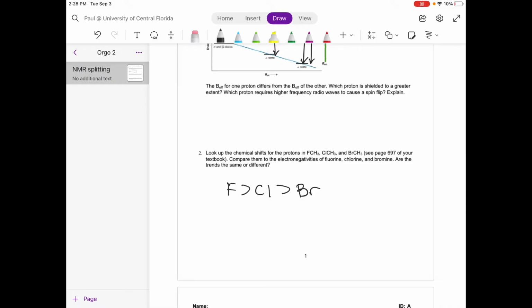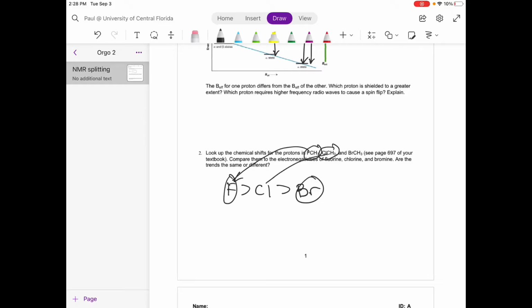As the electronegativities get larger, so that's the largest, that's the smallest in this example, you're going to see a greater chemical shift for that guy. So that goes with that.